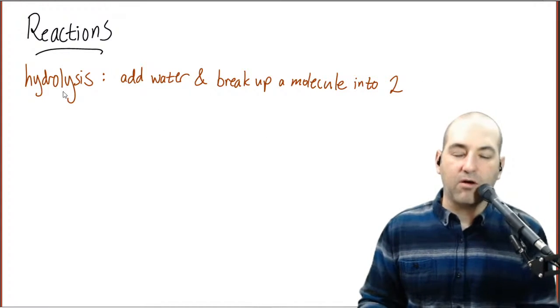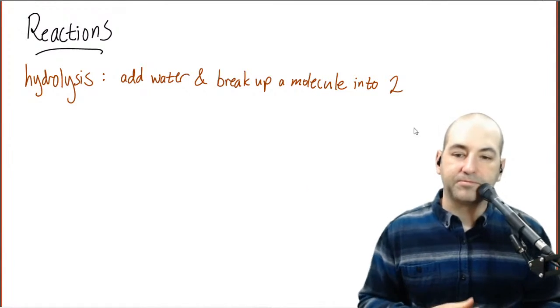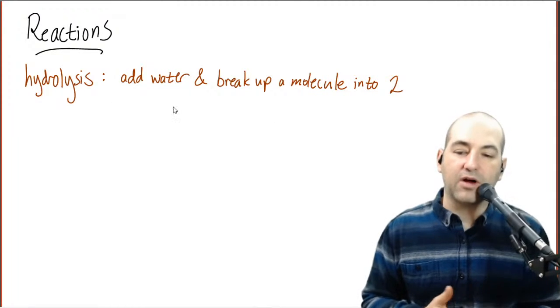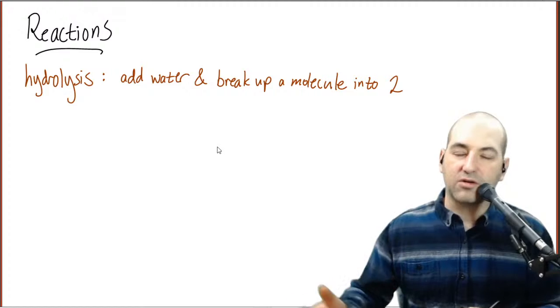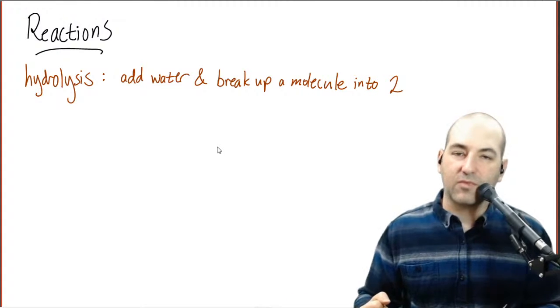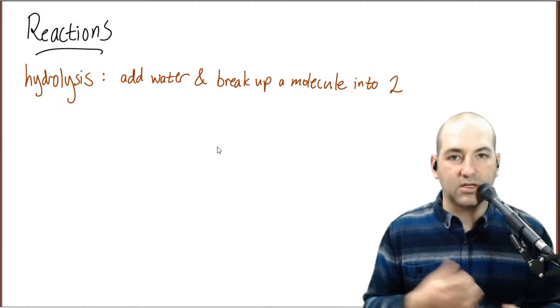So that's the lysis part. Remember we talked about lysis in the context of cells. Lysis is like a cell breaking, or bursting. In the context of molecules, hydrolysis then is you add water, and the H goes. You'll see the reactions when we look at the molecules. But you add water, and then the molecule breaks into two parts.